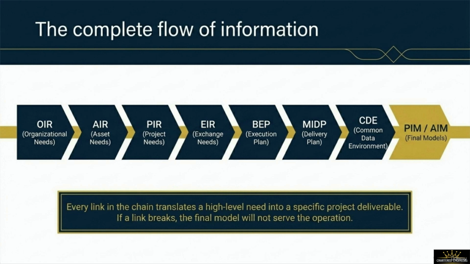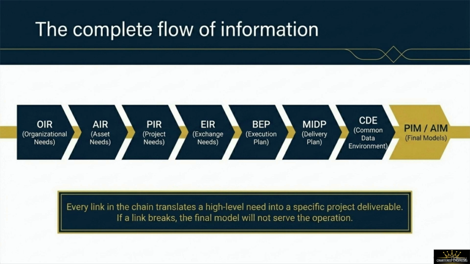Once a contractor is selected, they respond with the BIM Execution Plan, or BEP, which details their technical approach. This execution strategy is operationalized via the Master Information Delivery Plan, or MIDP, which lists every single project deliverable. These deliverables are then authored, checked, and stored within a managed software environment known as the Common Data Environment, or CDE.